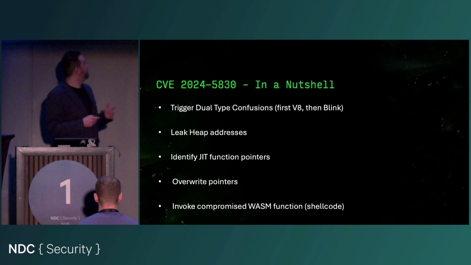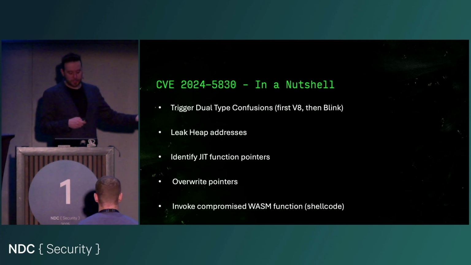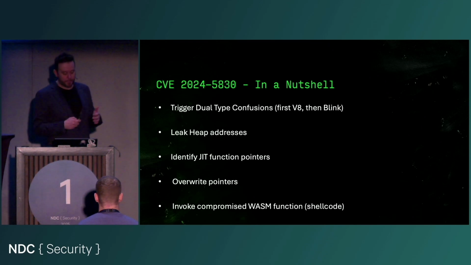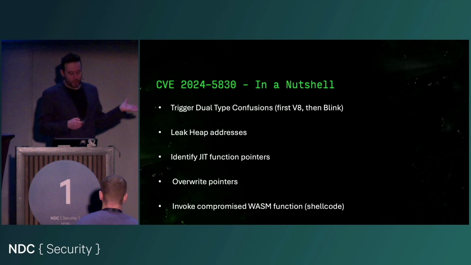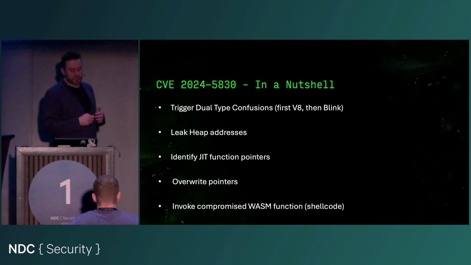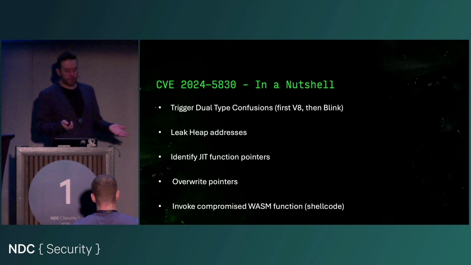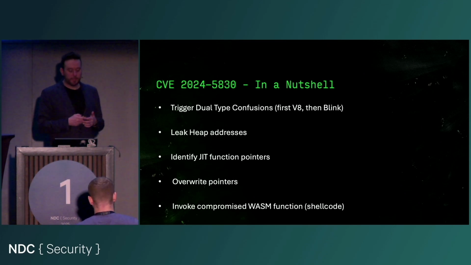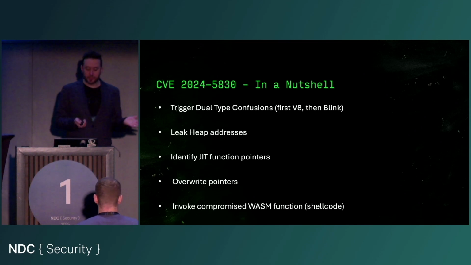So to recap this exploit, which is a bit more complex than the other two, we trigger the dual type confusion first via V8 and then via Blink, leak the sandbox address, identify the JIT function pointers, and then overwrite the pointers. And as soon as we overwrite the WASM pointers, we can invoke the compromised WASM function pointer as we did before.